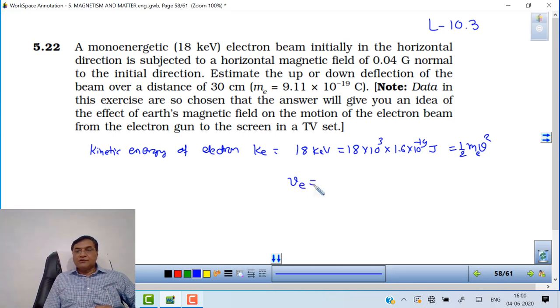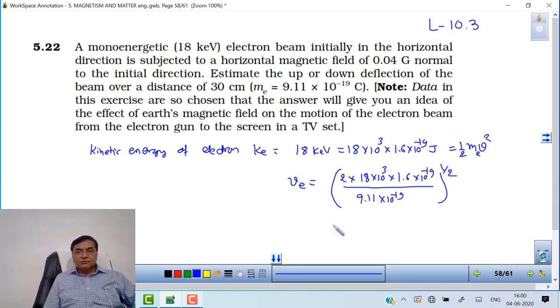So we need the velocity. v is equal to root of 2 times 18 into 10 raised to 3 into 1.6 into 10 raised to minus 19, divided by the mass of the electron, that is 9.11 into 10 raised to minus 31.